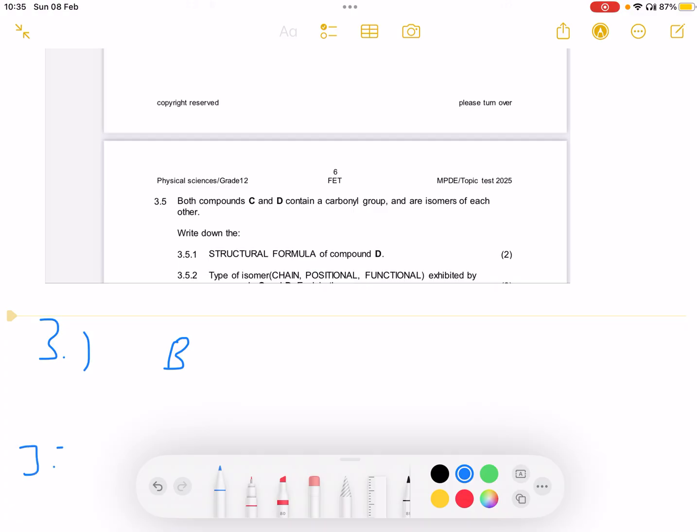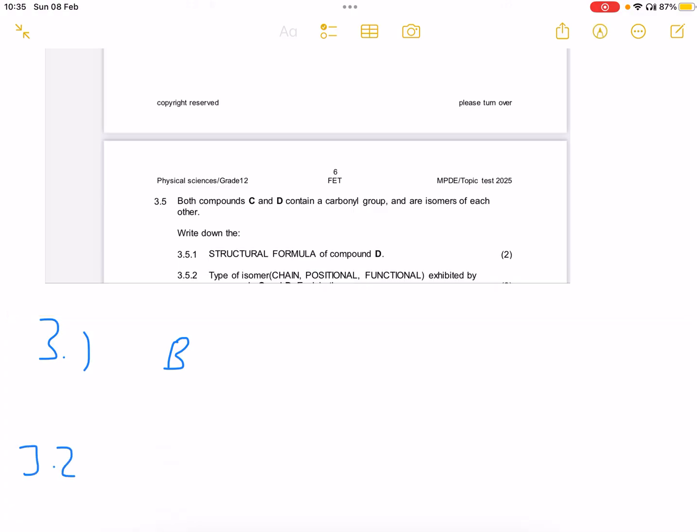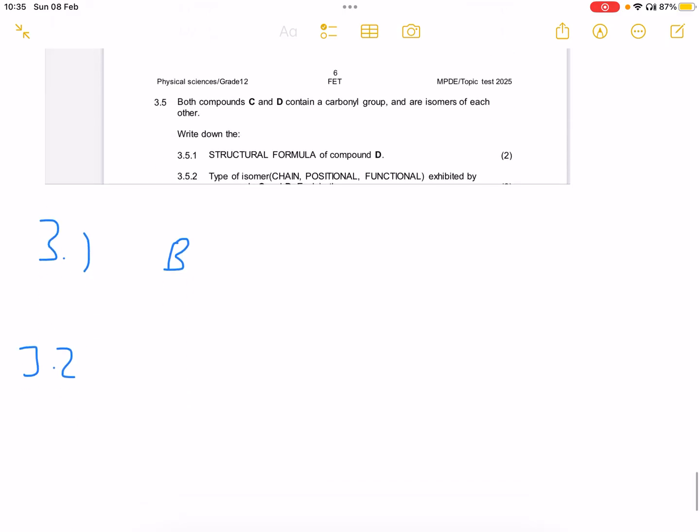Then in 3.2, I think we are asked for the definition of a functional group.